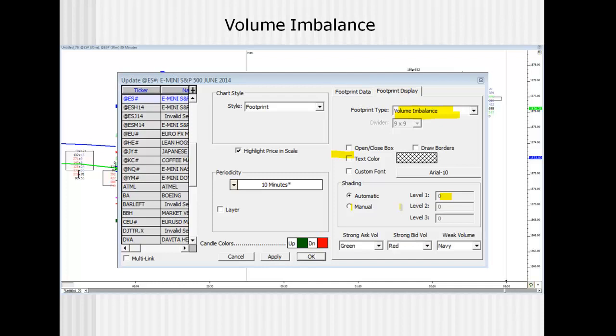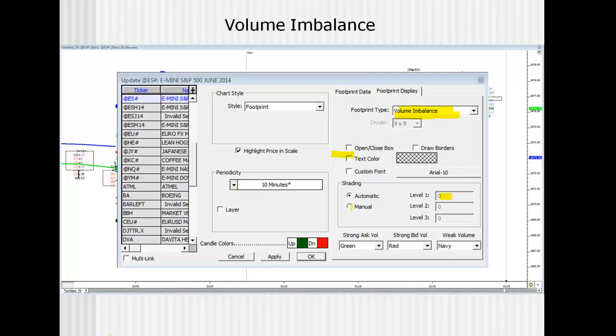But I still want to see the frequency. Do I have more in favor of the upside, even though they may be lighter or less intense, or do I have more in favor of the supply side, or the negative, or the sellers in the market?